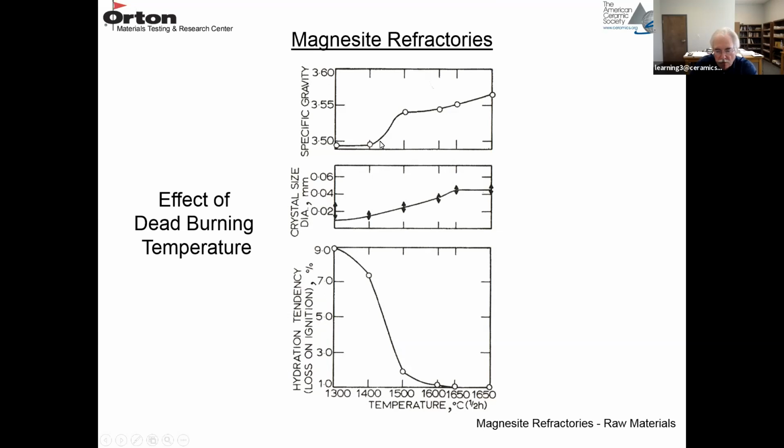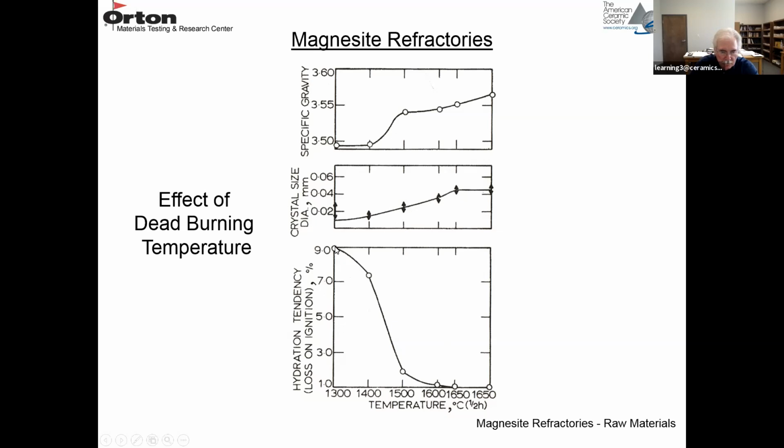So as you heat the MgO material, you increase the density, you remove the porosity, so it becomes denser. You have a higher specific gravity. The crystal size also tends to grow larger. So larger crystal size with increasing temperature.